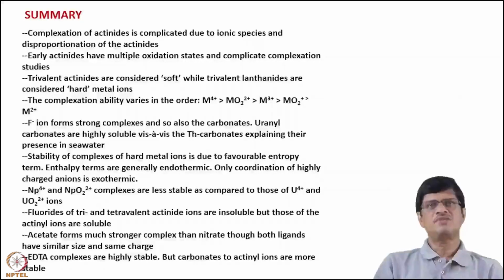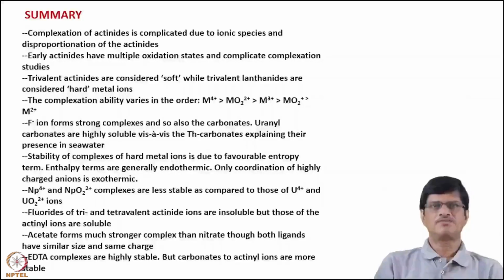The complexation ability of the actinides varies in the order: tetravalent forming the strongest complex with a given ligand, followed by hexavalent, then trivalent, then pentavalent, and finally the bivalent actinide. Out of the monovalent, or singly charged, ligands, the halides generally form very weak complexes, but fluoride ion forms stronger complexes.